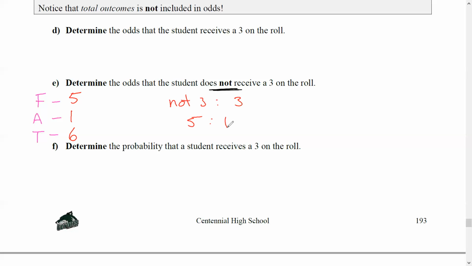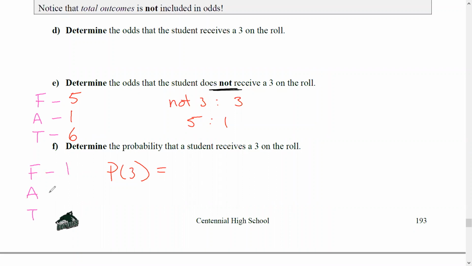Determine the probability a student receives a 3 on a roll. So P3. Again, if I go back and look at my little FAT thing that I write down here, or maybe do it again on this question. So F, A, T. This time, odds in favor is getting a 3.